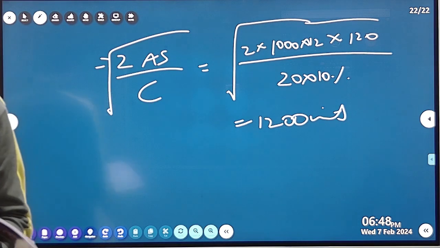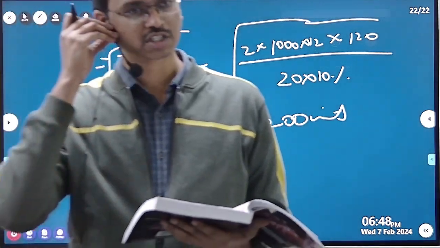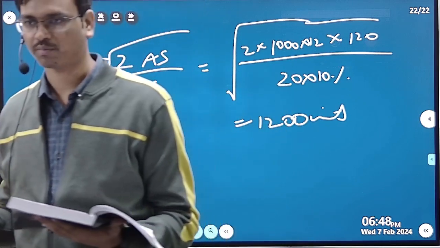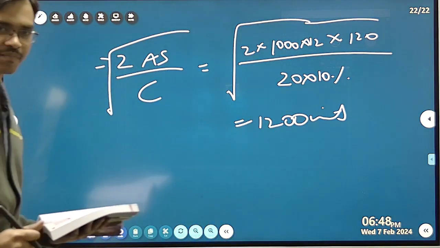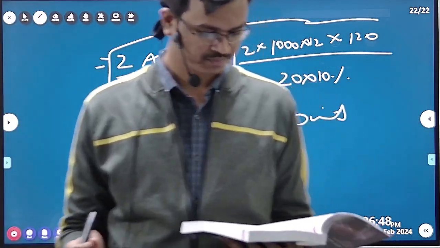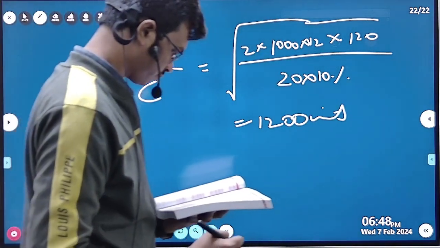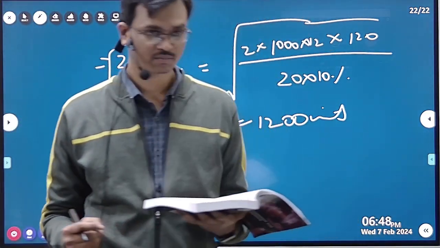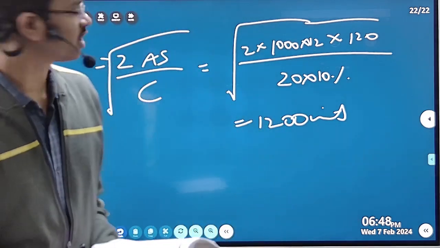Okay, so illustration 21. If you remember, we have solved this problem in our first class of OM. It is a time series question. So in time series, what is equal to 0?